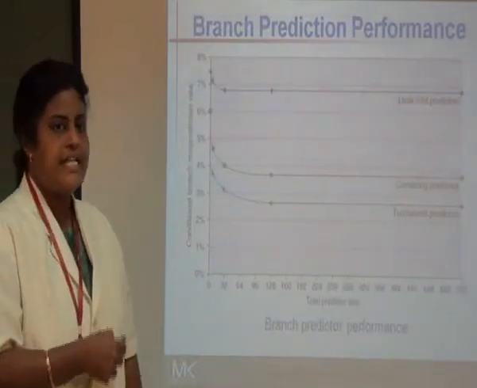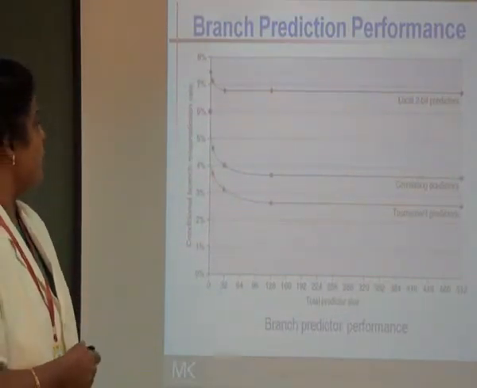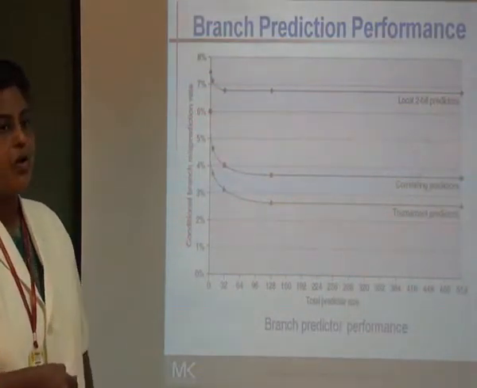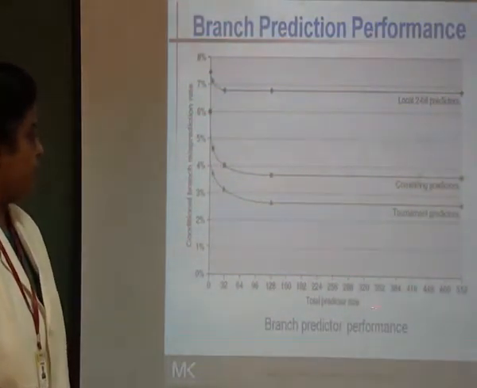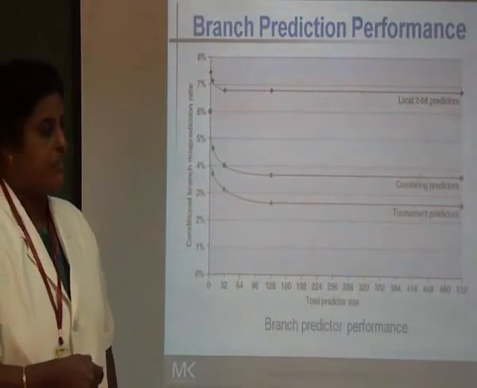If we analyze the performance of branch prediction, we take the conditional branch misprediction rate and plot a graph between the total predictor size and the misprediction rate.